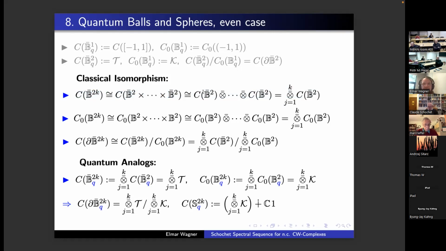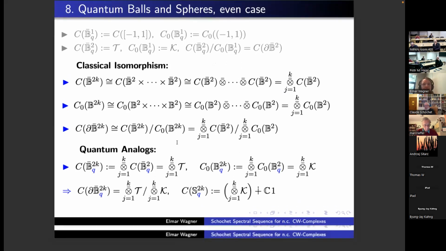So we can take as a C-star algebra the tensor product of the C-star algebras of the two balls, and that we consider as functions on a 2k ball. These are the even cases. The inside, of course, is just taking the tensor product of the C0 functions. And the boundary is taking the quotient. So taking this quotient is analogous to taking the restriction to the boundary.